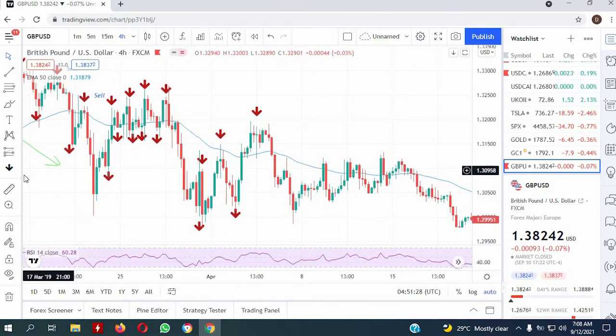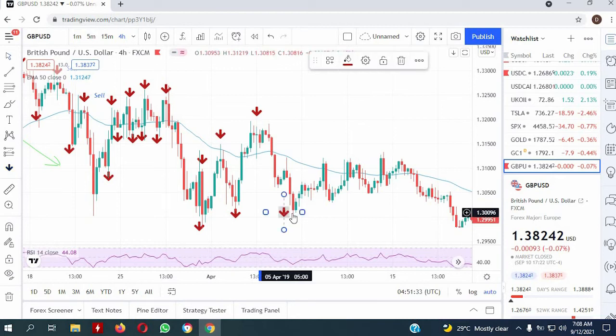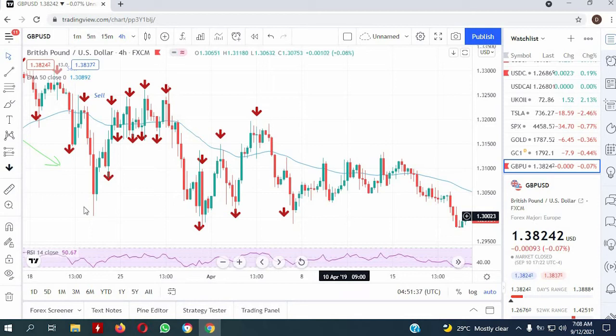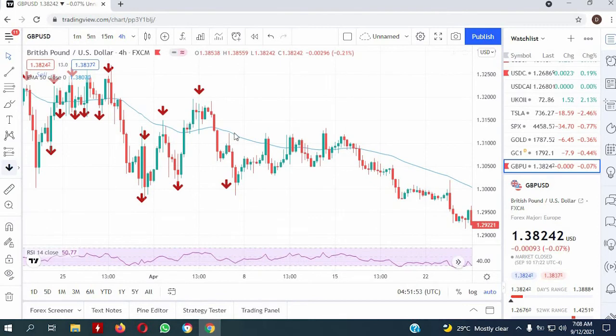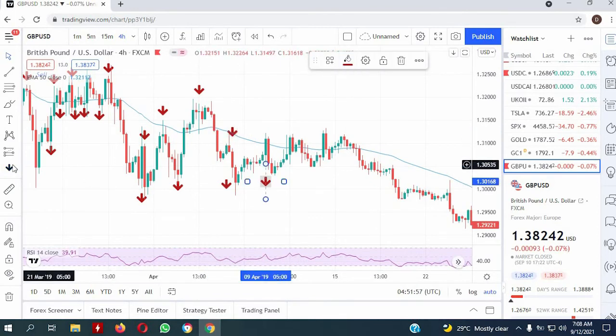Once we cannot find a series of 2 or more lower highs and lower lows, we do not have a sell trade, right? So this bull market apparently has been terminated for now, right? So we're watching patiently and waiting, right?